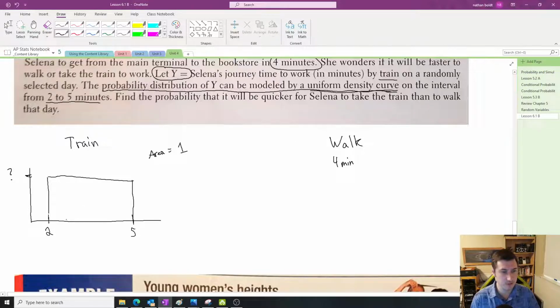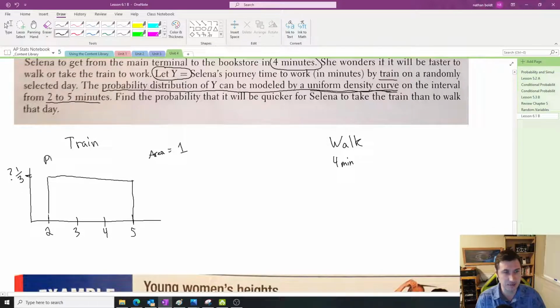So we go 2, 3, 4, 5. If we have 3 units along the bottom, this is basically just length times width, right? How tall does this have to be? It needs to be 1/3 tall.